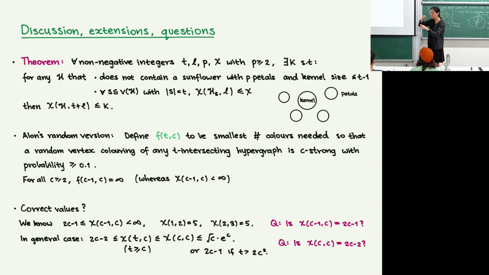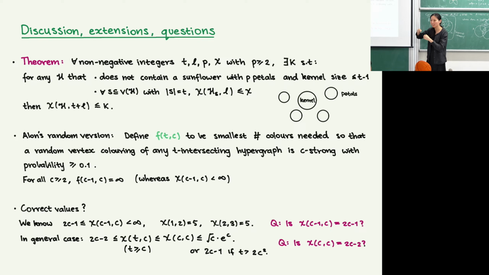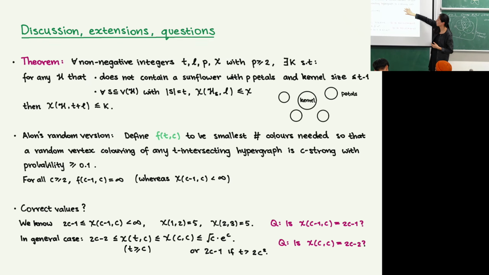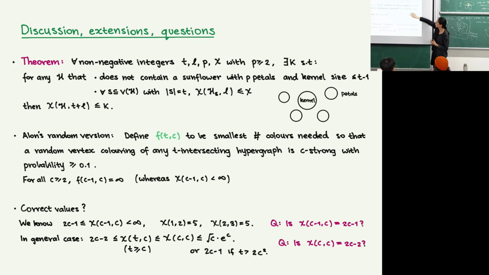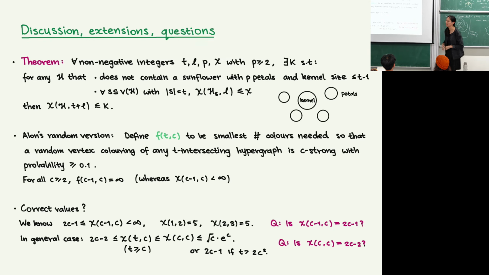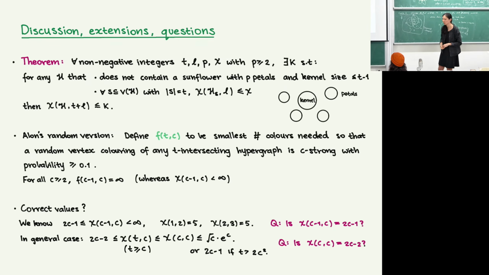You can add as many leaves as you want to this star, and your probability of having every edge have different colors goes down to 0, right? And that extends for general C by using sunflowers here. So in some sense, sunflowers come out naturally as well. We know that what we found is not a random coloring, and sunflowers are exactly where that fails. So in that sense, I think it's also natural in the theorem.